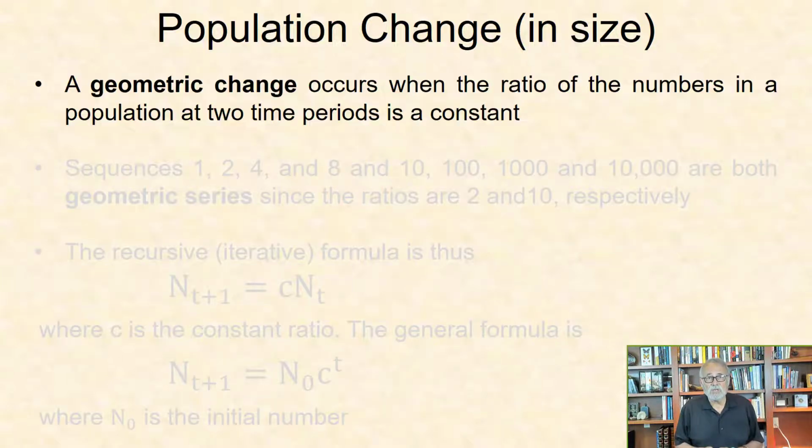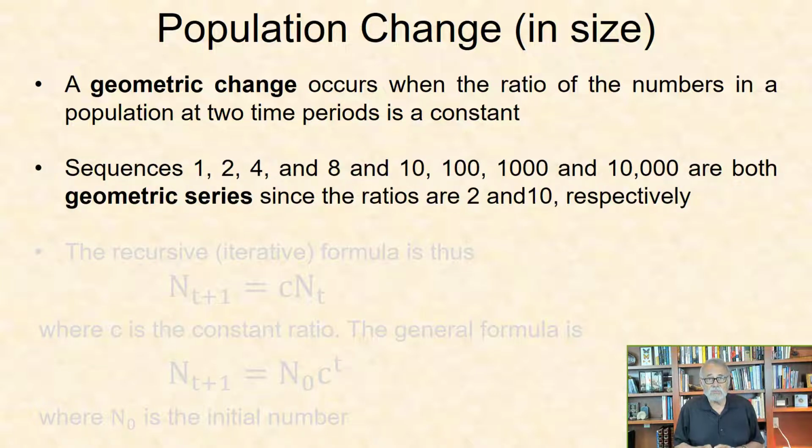A geometric change occurs when the ratio of the numbers in a population of two time periods is a constant. The sequences 1, 2, 4, and 8, and 10, 100, 1000, and 10,000 are both geometric series, since the ratios are 2 and 10 respectively.